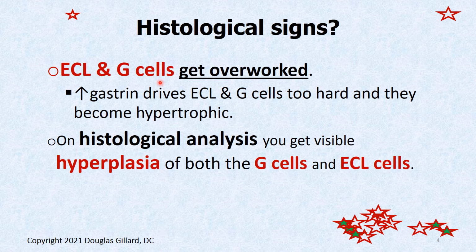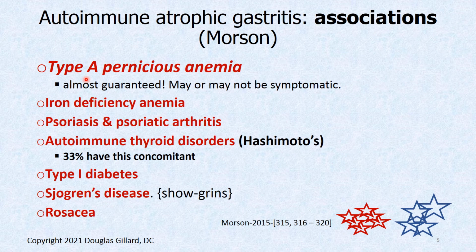And the gastrin they create binds to ECL cells, and they're working all the time. So they'll be hypertrophic as well, so a histologist or a pathologist can specifically see those findings. And therefore, it's said that you get hyperplasia of both G cells and ECL cells with this condition.